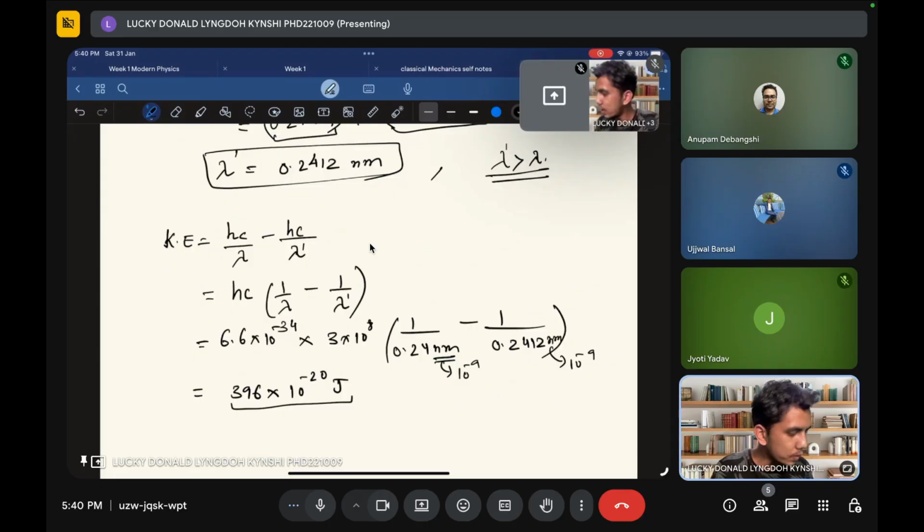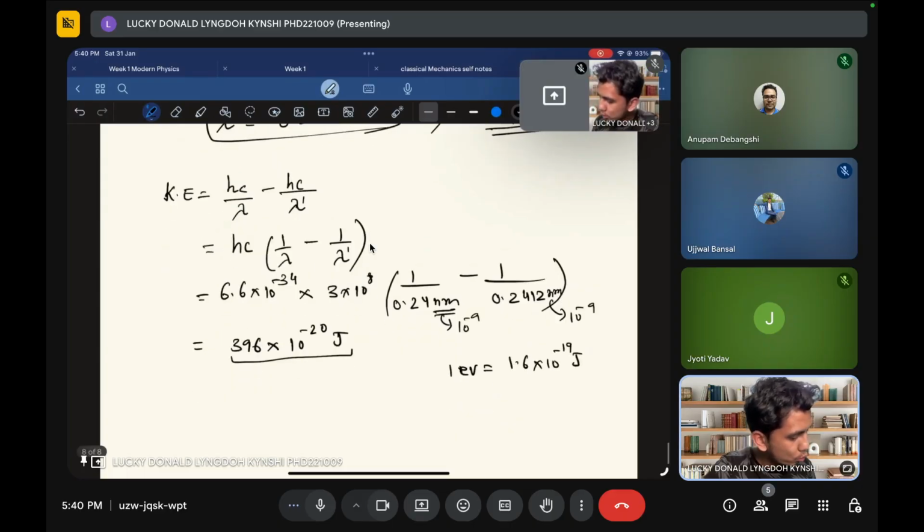But the question is asked in terms of electron volt. So remember that 1 electron volt is equal to 1.6 into 10 to the power minus 19 joules. So 1 joule will be equal to 1 divided by 1.6 into 10 to the power minus 19 electron volt.